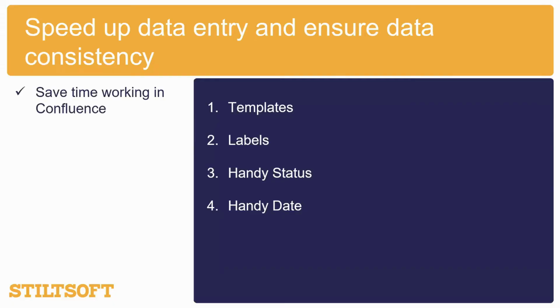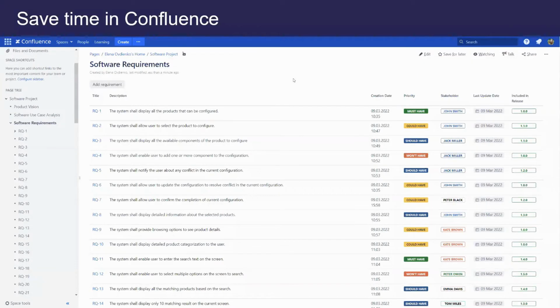Okay, let's move on. Another point to speak about is the speed of your data entry and consistency of your data. And you can do it with the help of native Confluence templates, labels, and our handy status and handy date. Let's see how you work with templates.